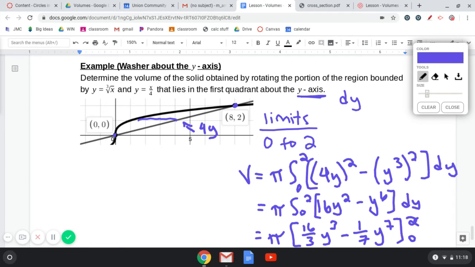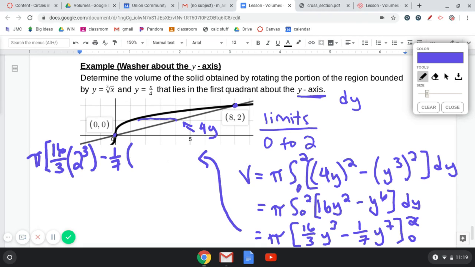So now, fundamental theorem of calculus, sorry, I'm writing back up here. So pi times 16 over 3 y cubed, so 2 cubed, minus 1/7 y to the 7, so we're plugging 2 for y. This is 2 to the 7th power.